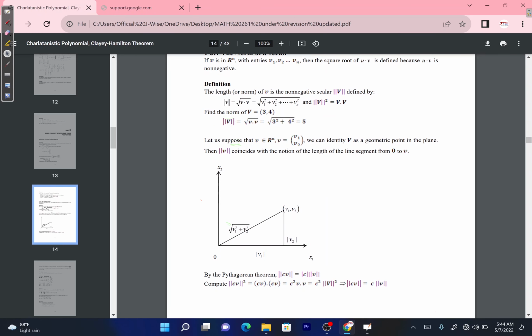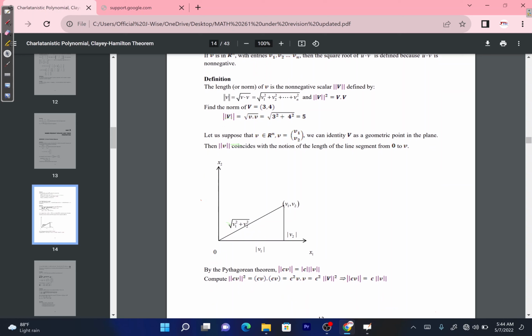Now let's suppose that our v is 2-dimensional, that's v1, v2. Then we can identify v as a geometric point in the plane. Then the norm of v coincides with the notion of the length of the line segment from 0 to v.